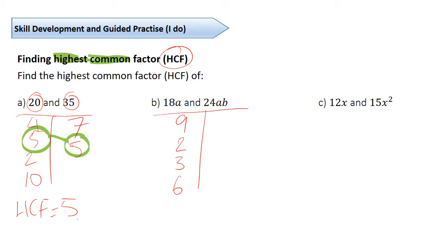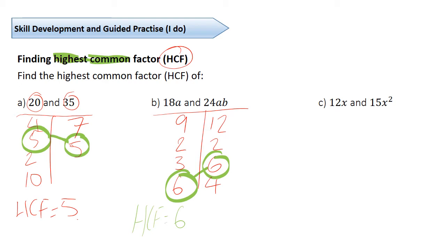Have a look at 24, so I've got 12 and 2. I've got 6 and 4, and that'll probably do me. Compare those two lists, and they both have 2 in them, but I can also see that they both have 6 in them. Now 6 is of course higher than 2, so 6 is going to be my highest common factor, or HCF is equal to 6.